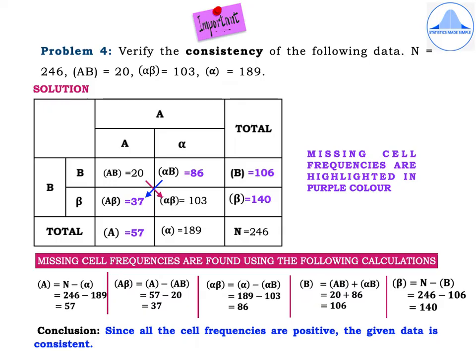Now the conclusion: since all the cell frequencies are positive, the given data is consistent. And keep in mind that only if Yule's coefficient of association is asked, only then it has to be computed.